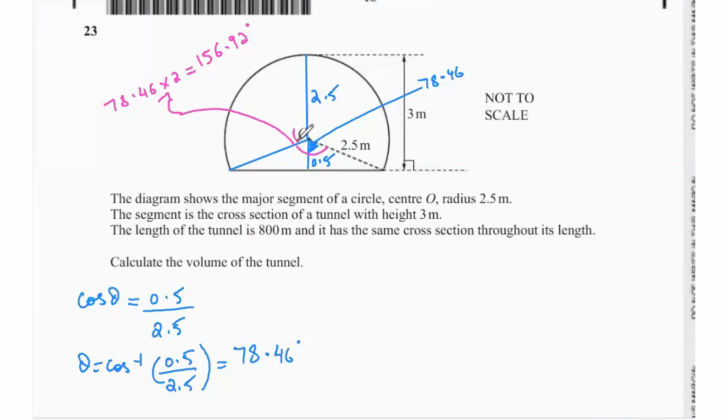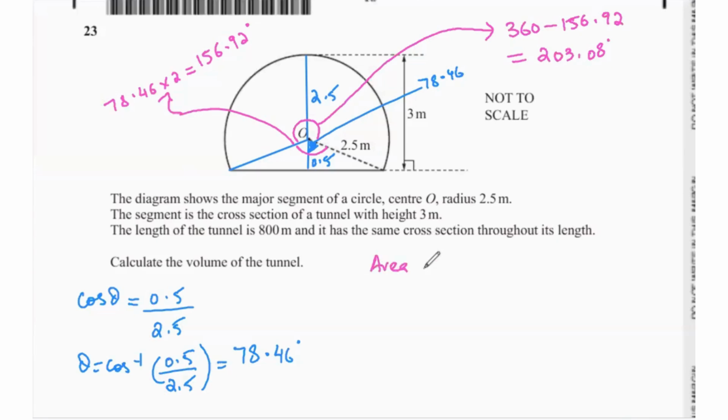The angle outside is 360 minus 156.92, which is 203.08 degrees. Now that we have our angles sorted for the cross section, we can find the area of the major sector at the top with the angle 203.08, and then we can find the area of the triangle at the bottom using the area of the triangle formula, because we have the angle for that as well.